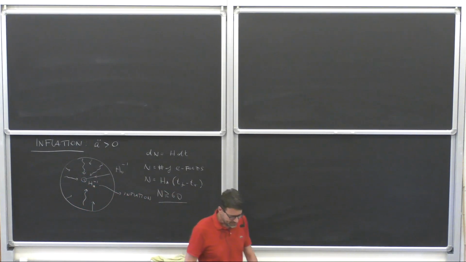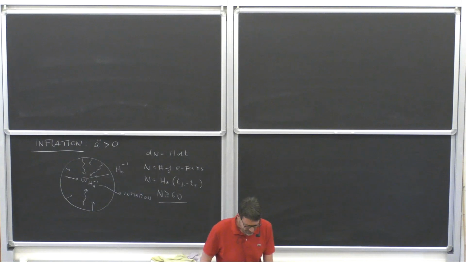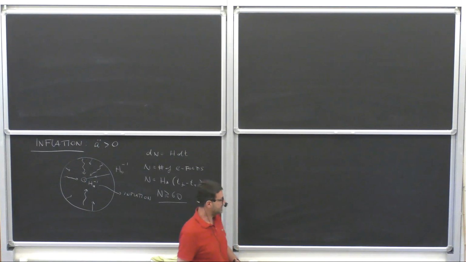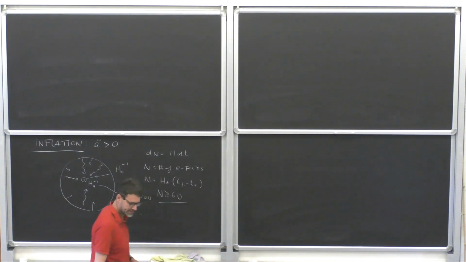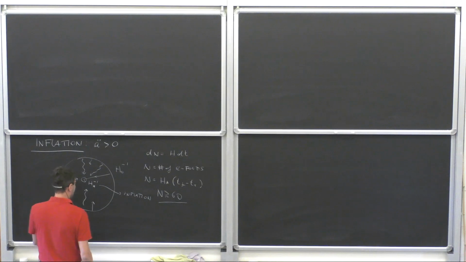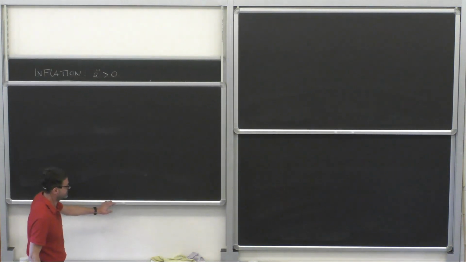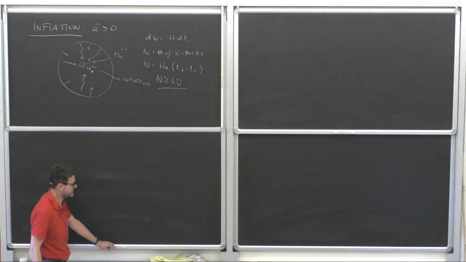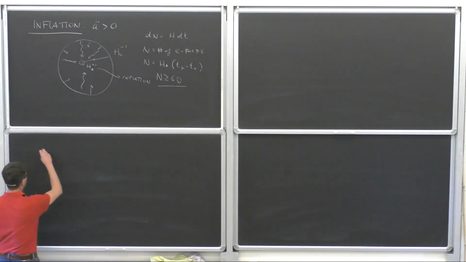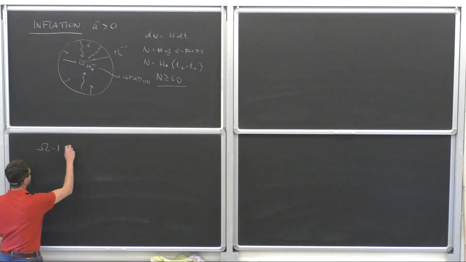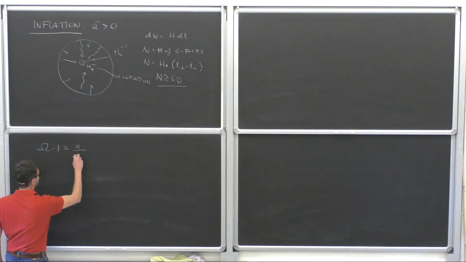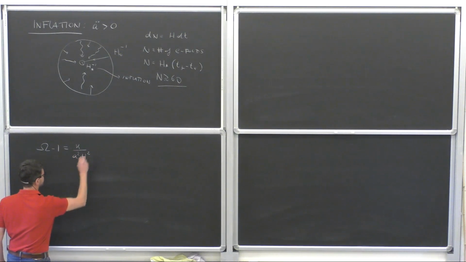And then let me go back for a few minutes to an exercise that Matteo did yesterday, where he computed basically the behavior of omega minus 1 during inflation. So the idea, if you remember, was to start from omega minus 1, which is k over a squared H squared.